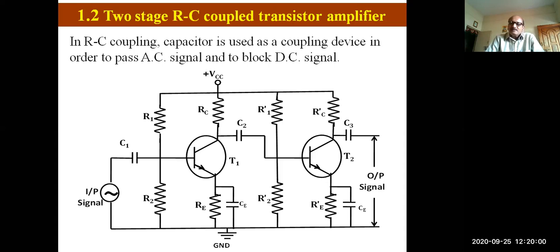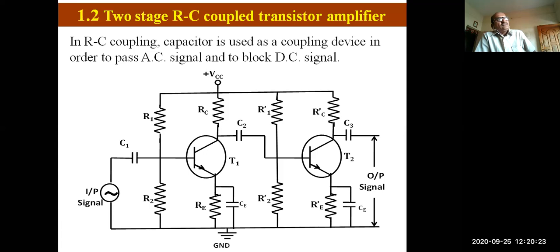Impedance means AC resistance, reactance means AC resistance. Resistance is not affected by the frequency of the input signal. That means as frequency changes, the resistance of a resistor does not change.